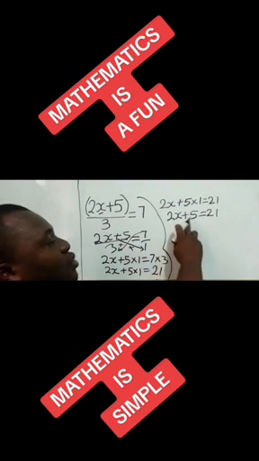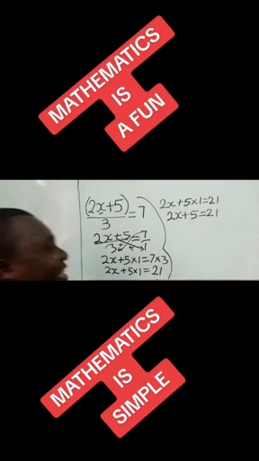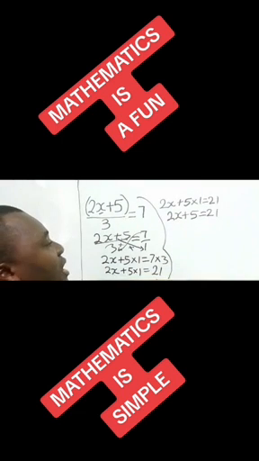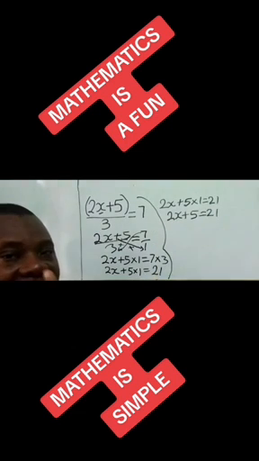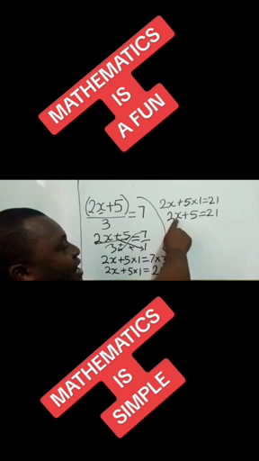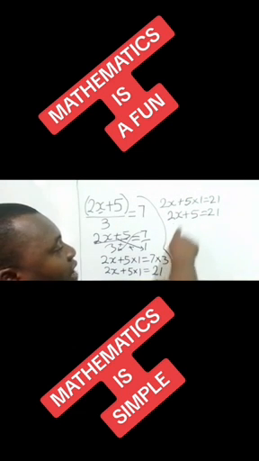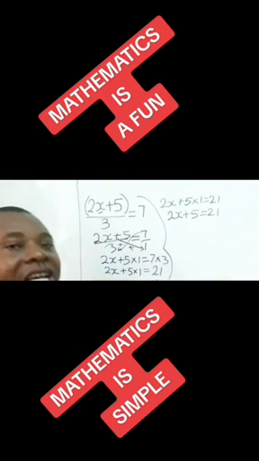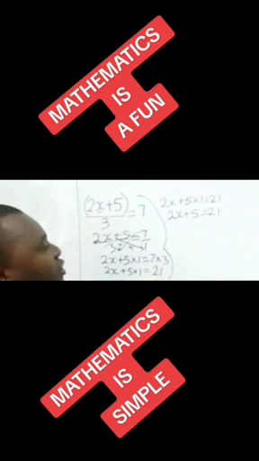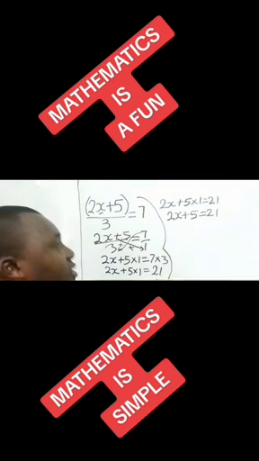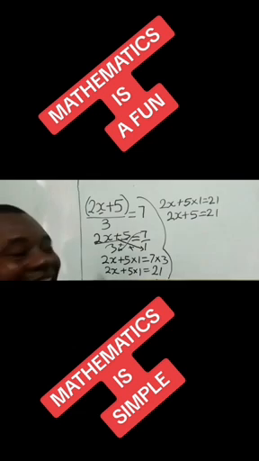In mathematics, to get rid of the number that is attached to the subject, sometimes the subject can stand alone, but this one has a number associated with the subject. So therefore, we have to get rid of the number that is not associated with a variable.